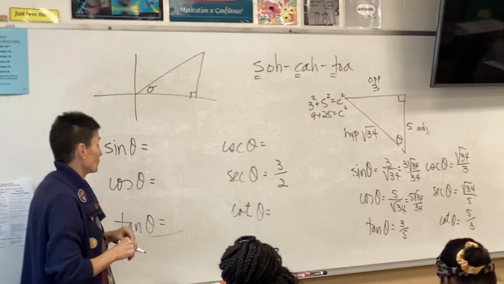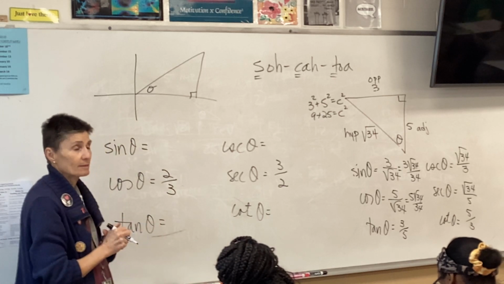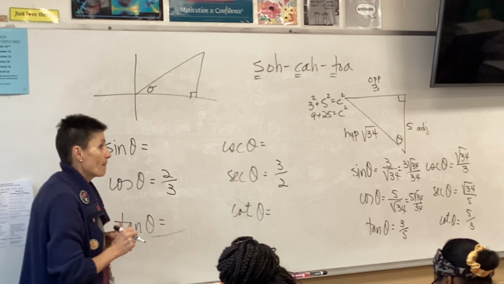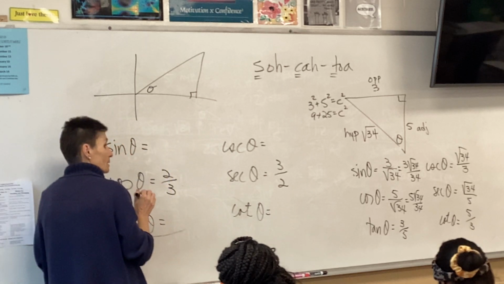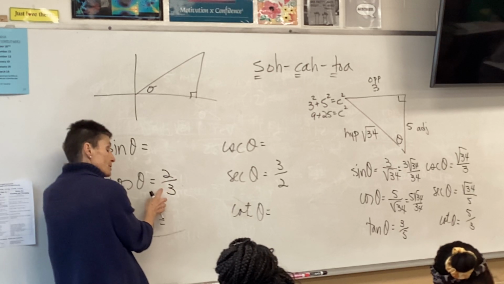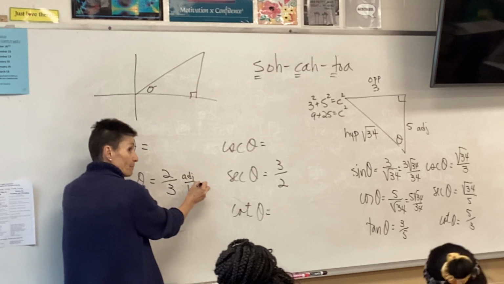Cosine's 2/3. That's a gimme, right? They're reciprocals. If you know cosine is 2/3, then don't you know adjacent and hypotenuse?